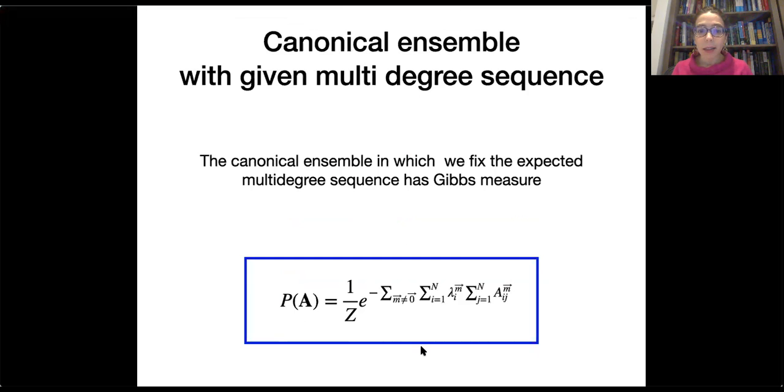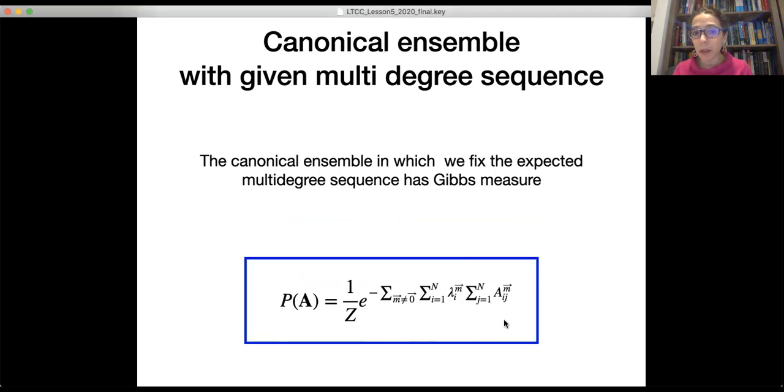The ensemble that we get is a Gibbs measure defined on the multi-adjacency matrix that takes this form, where now we have introduced a Lagrangian multiplier lambda i vector m for every constraint, one for each node and for each type of multilink.